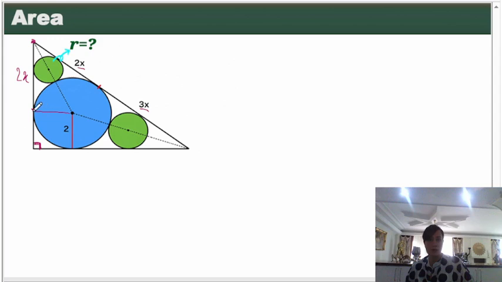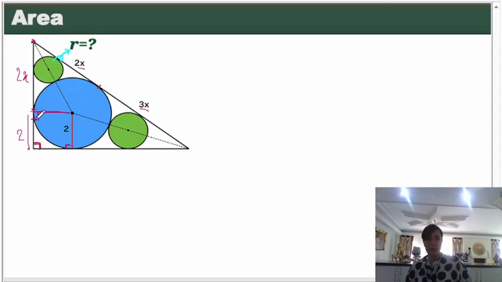And we know here this side is 2, the same as this radius, because from the center to the tangent, the radius meets the tangent at a right angle.